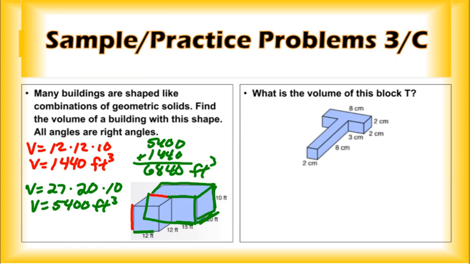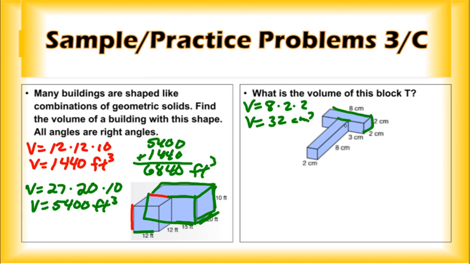And the last one, what is the volume of this T block? So we have two shapes. We got two rectangular prisms. So if I were to combine that one, we know this part is 8. So the volume of that rectangular prism, we got 8 times the width is 2 times the height is 2. So we would have a volume of 32 cubic centimeters.